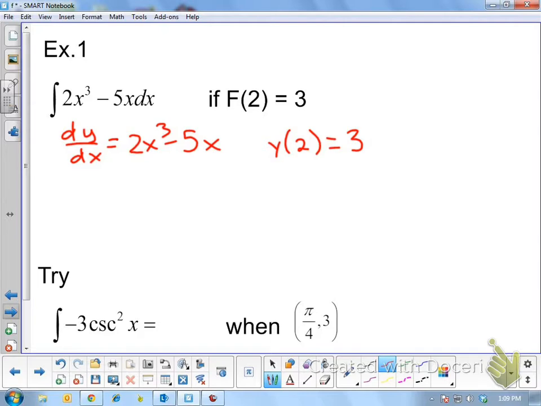The instructions will say to solve the initial value problem. So dy dx is the derivative, just like we know this stuff is the derivative. And if we integrate the derivative, we get the function.